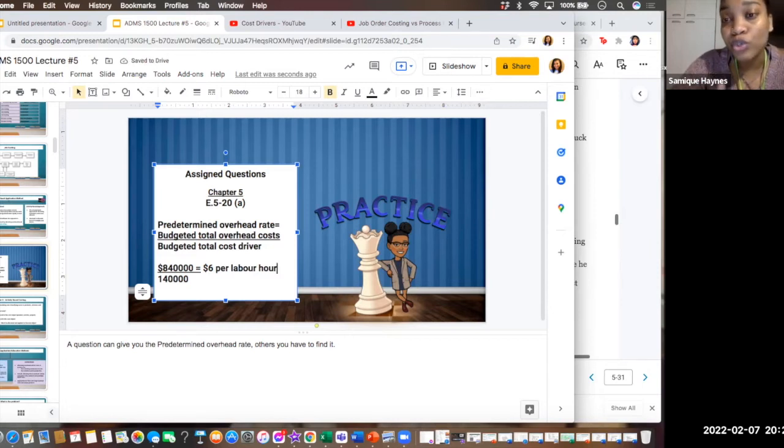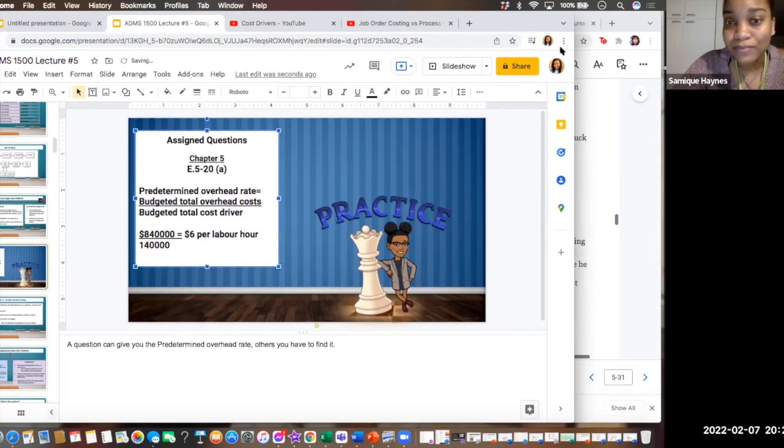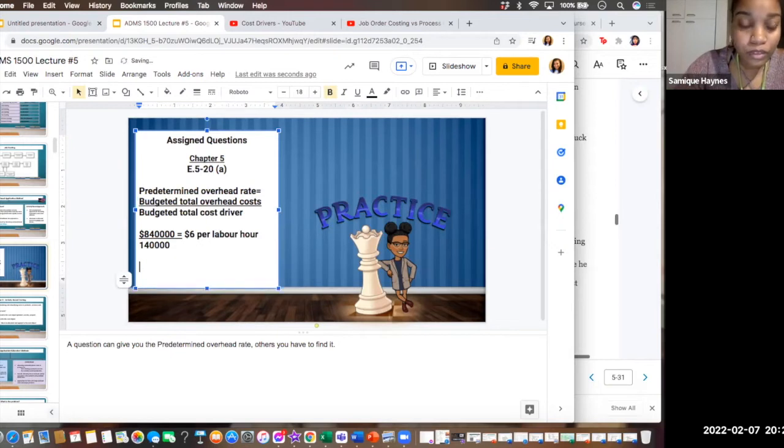That's what we're going to use to allocate to our different products. So cars, car wheels, and truck wheels, right? Car wheels. How many hours did car wheels use?